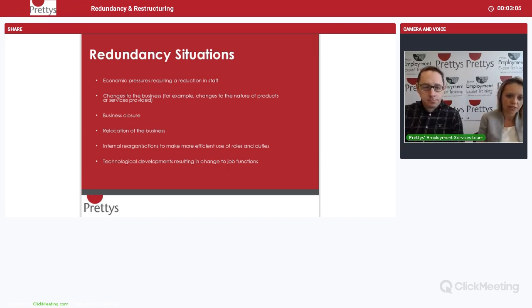We also have others, such as relocating the business, the need for internal reorganisation, and that's when we will start to think a little bit later on, are we restructuring or is there a redundancy situation? How do those two fit together? And also finally technological development, which might result in a change to job functions, and again we might think, is this a redundancy situation? There's quite a lot of stigma around the word, isn't there?